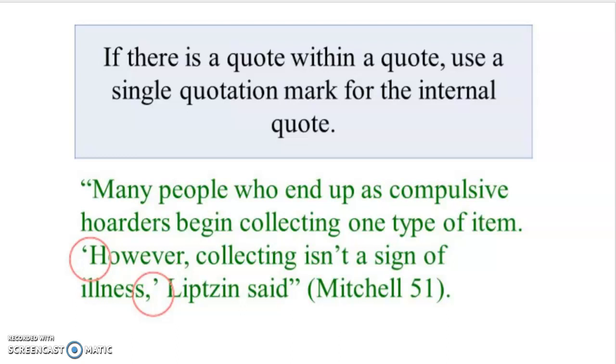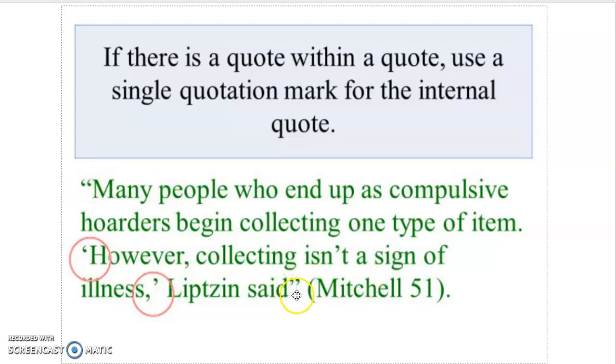Here's another sort of issue that comes up. What if you're quoting someone and they have quoted someone else? Well, when you have a quote in the thing you are quoting, it's called a quote within a quote. So when you see the thing you're quoting has quotation marks, but you are quoting more words around that, you start your quotation with quotation marks, just the standard quotation marks, and change what was in the quotation from double quotation marks to single.